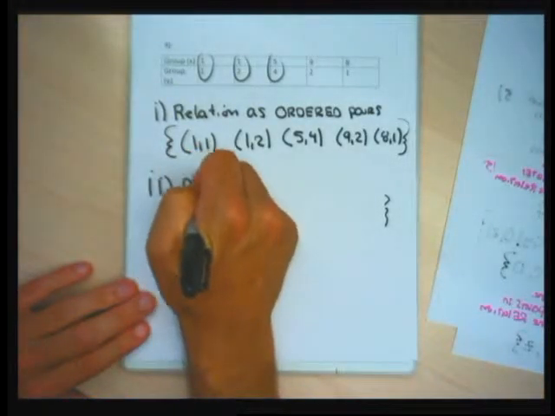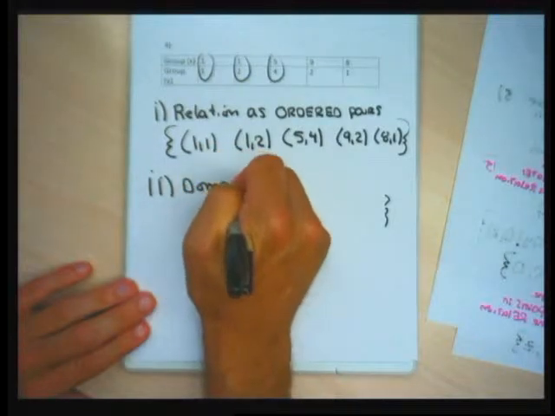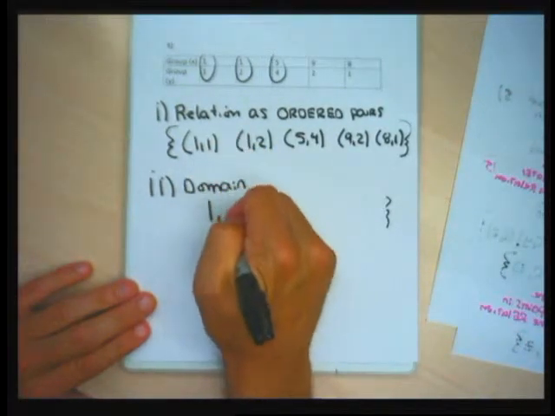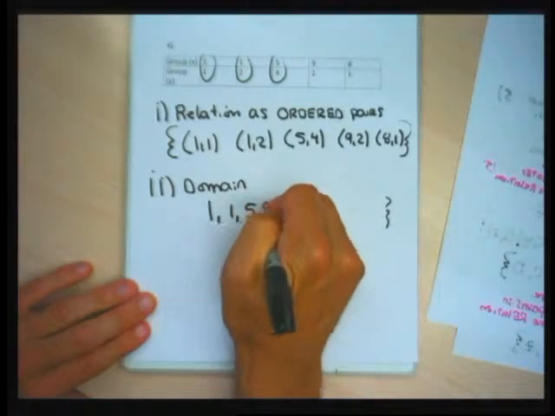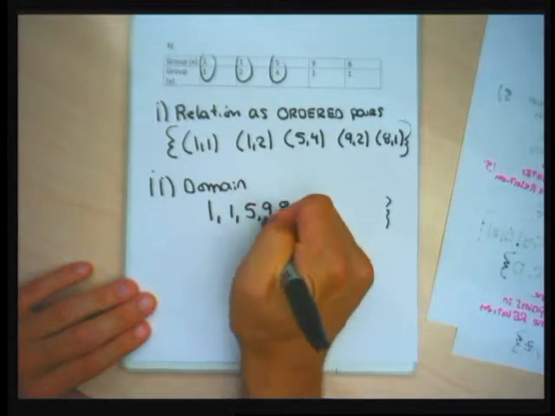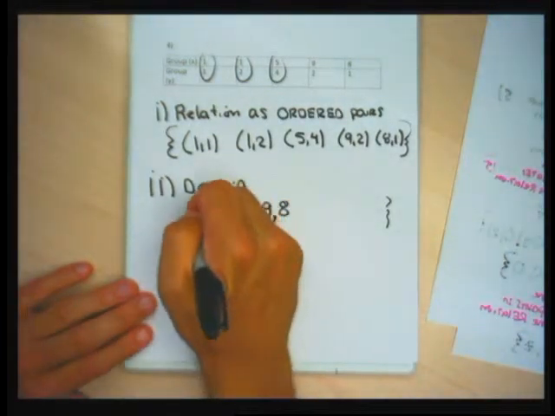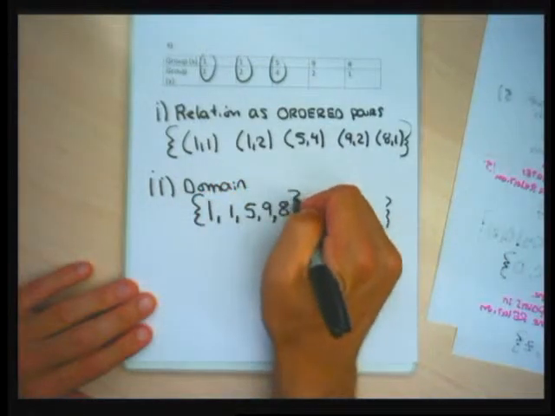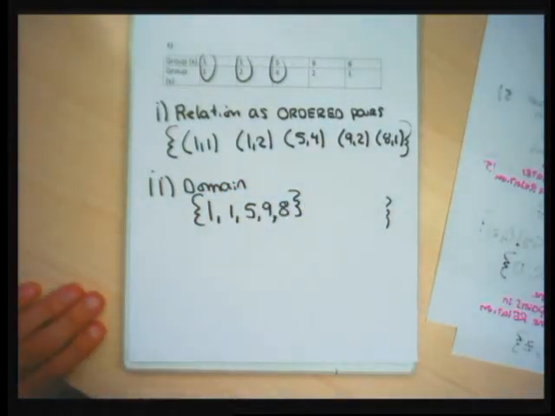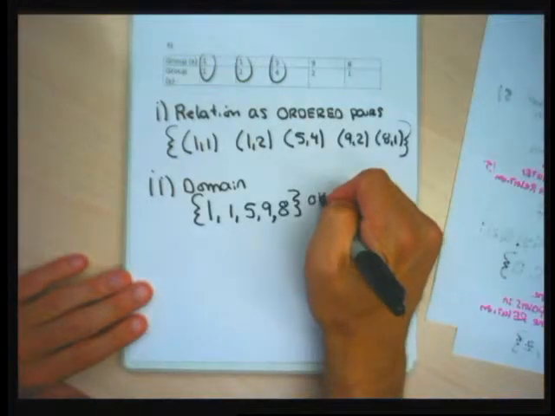Next thing I want to do is make the domain of the relation. So I'm just going to take the x values, which are 1, 1, 5, 9, and 8. This would be a correct domain, but an inefficiently and not nicely written domain. This is okay, but not the best answer.